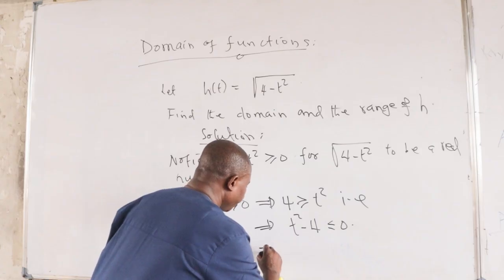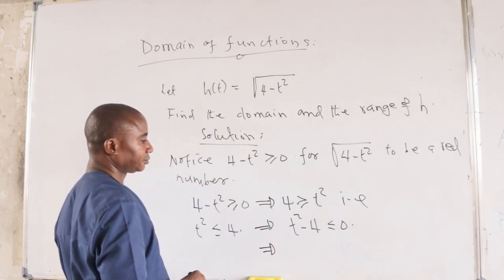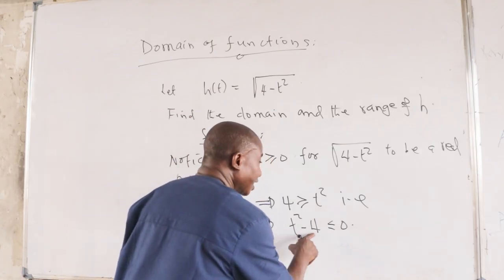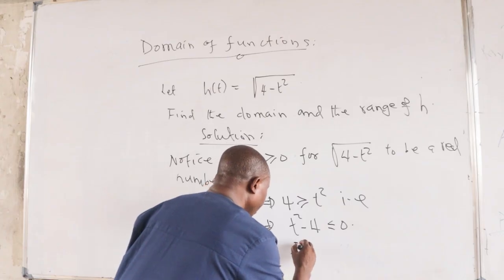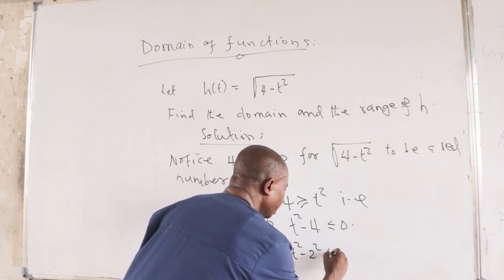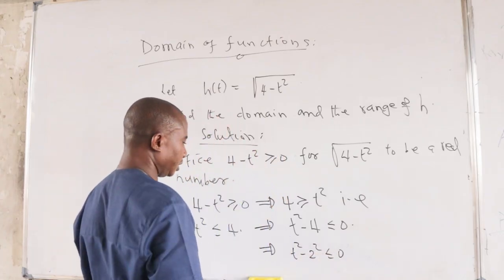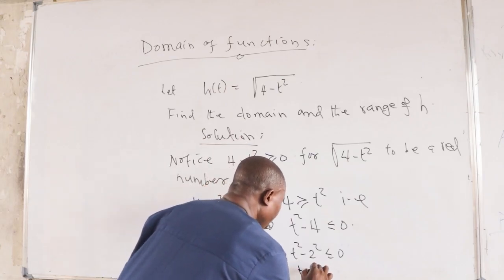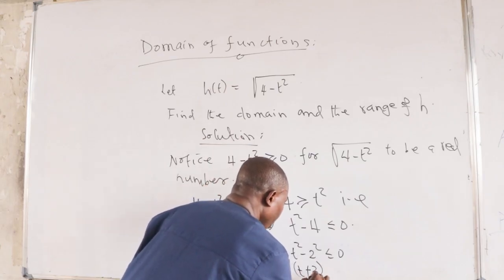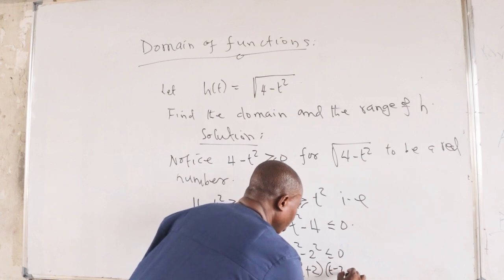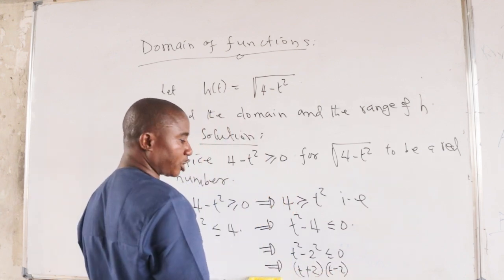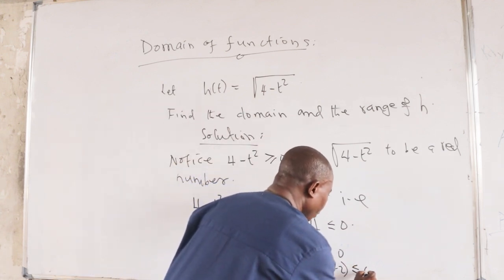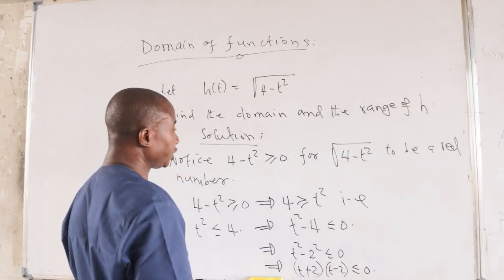And this again means that I can write this as a difference of squares. So this is t squared minus 2 squared is less than or equal to 0. Which means that (t minus 2) multiplied by (t plus 2), anyone can go first, no problem, is less than or equal to 0. This is what we get.